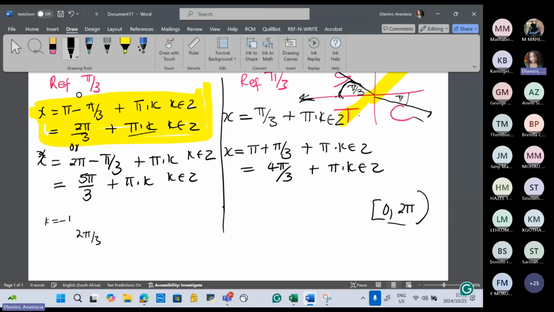And then if we choose k equals 1, what do we get? That's 5 pi over 3. Is 5 pi over 3 in the interval? Yes.